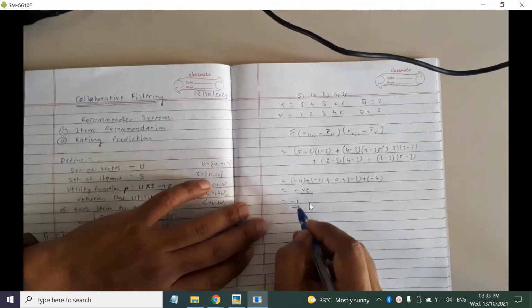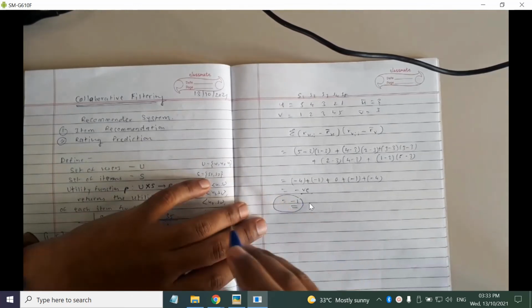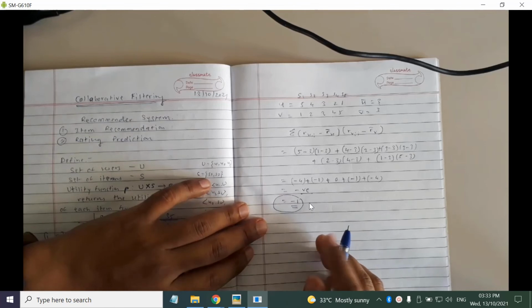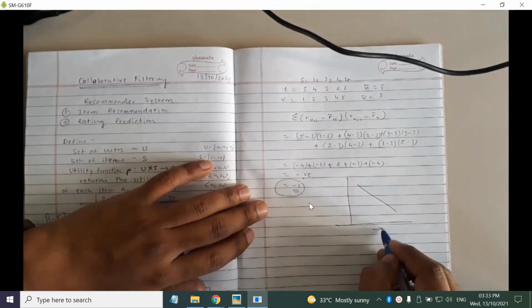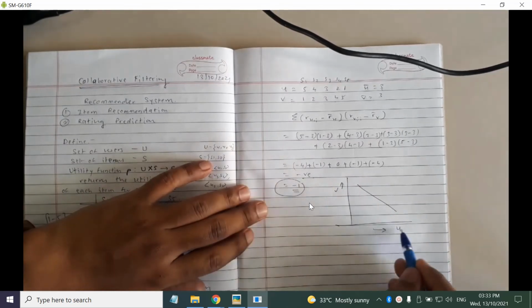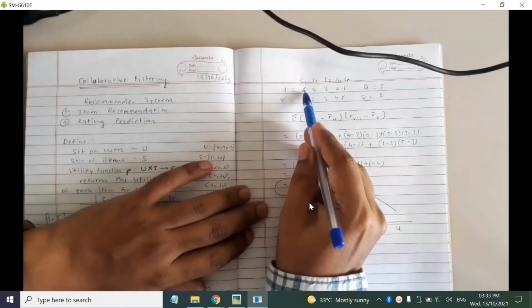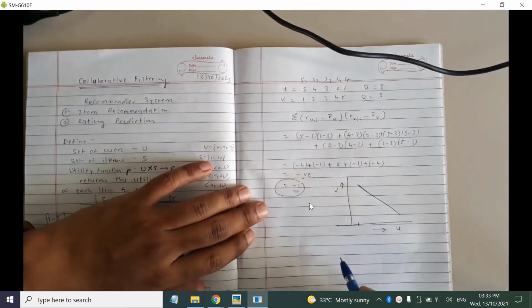From this coefficient you can see they are negatively correlated. You will have a graph like this: with an increase in value along this axis, you get a decrease here, right? For a lower value of u, you have a higher value for v, so you have a negative correlation between them.